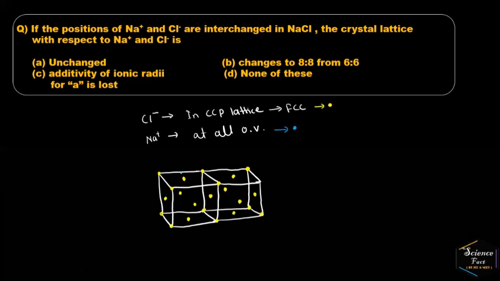We know that the position of octahedral voids is at all edge centers as well as at the body center, and also at the body center in both the cubes.